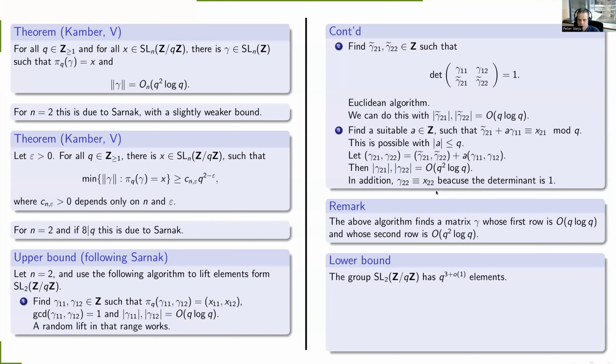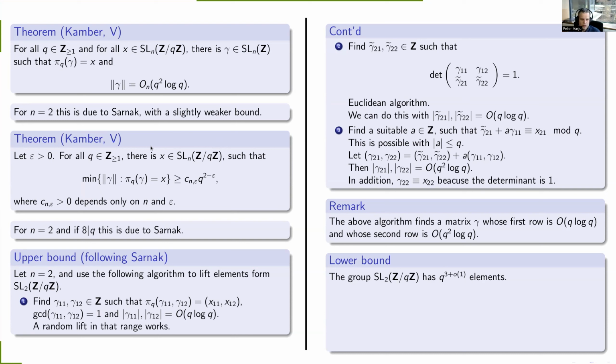Okay, so this was just the upper bound, at least in the n equals 2 case. And now let me talk about the other direction. And first, let's make some elementary observations. So one thing that's easy to say is that you can count how many elements you have in SL_n(Z/qZ), so in how many possible ways you can prescribe the residues modulo q.